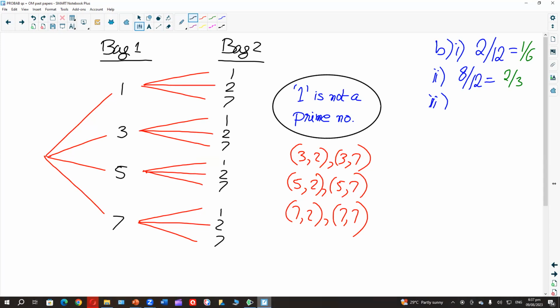How many brackets are there? There are 6. Good. And then make the answer.